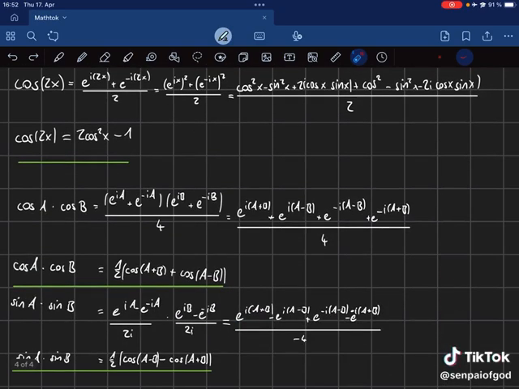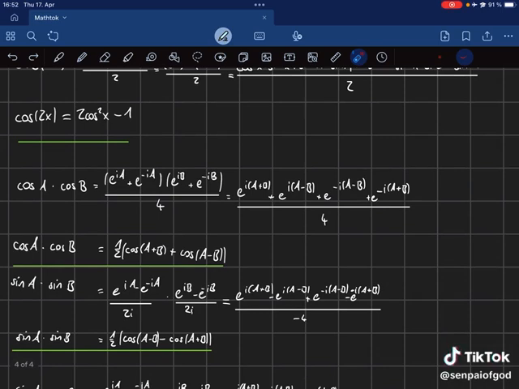Next up are product to sum identities. We start with cosine of a times cosine of b. We have our two different cosines divided by 2. So we just multiply them inside of brackets, don't forget the brackets.